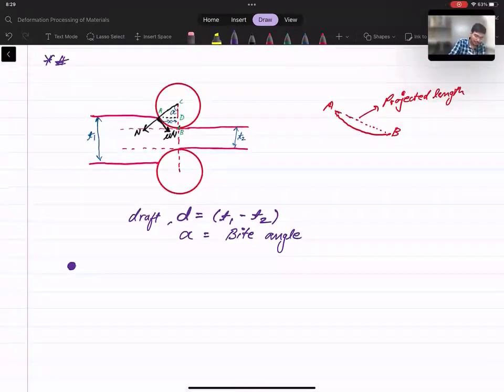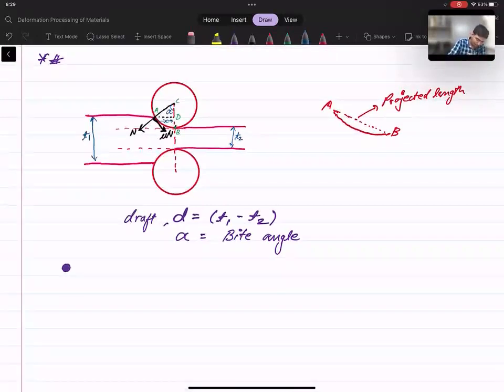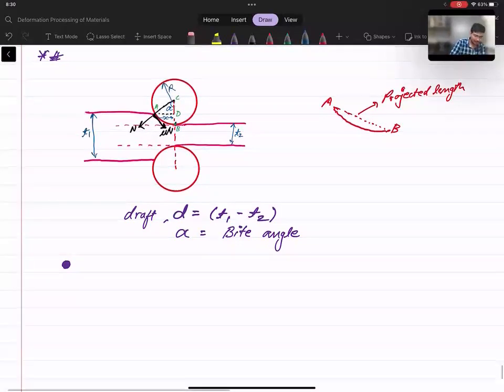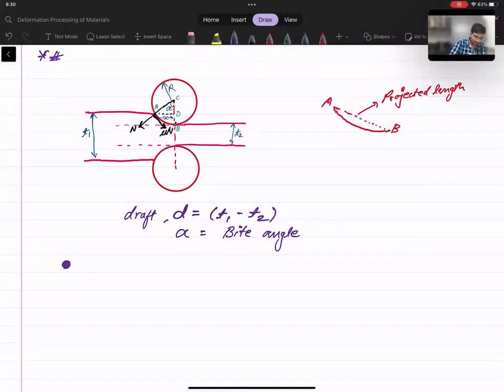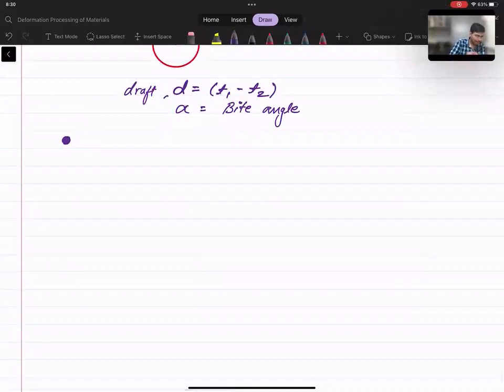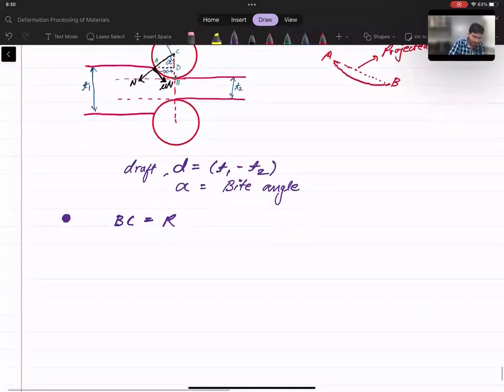Let me write it here also, that the radius is R. Now in this case, BC is equal to R, which can be seen from the figure.